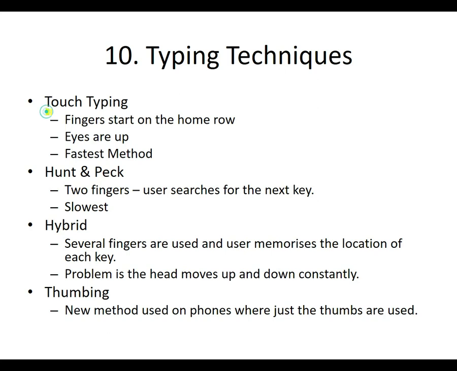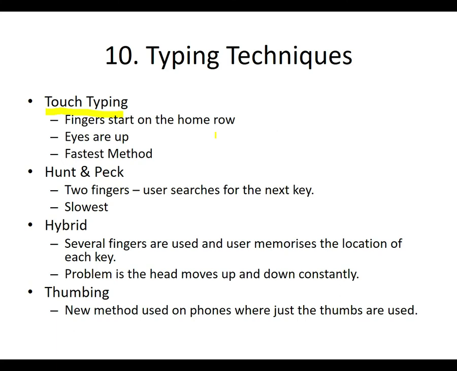So, let's have a look at typing techniques. We have got touch typing, okay? Fingers start on the home row. The home row, that's the middle row of your characters, and your first fingers start on the F key and the J key. You keep your eyes up. Theoretically, you're not supposed to look at the keyboard, and you just watch the screen.